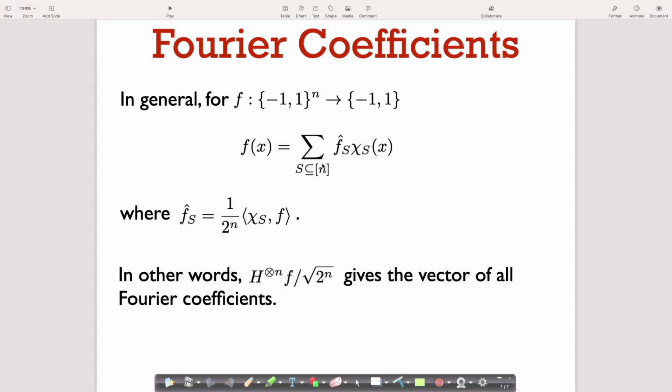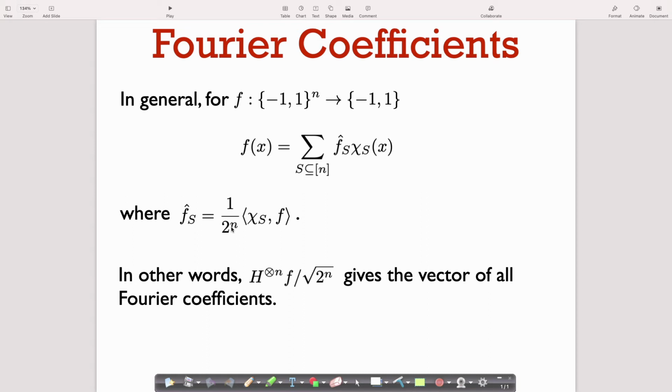And these Fourier coefficients just tell us how to express f in terms of these parity functions chi s. Okay, and so the Fourier coefficient corresponding to set s, it's just going to be the overlap of f with this parity function, up to some normalization. And this is what we just saw in the example of the previous slide.